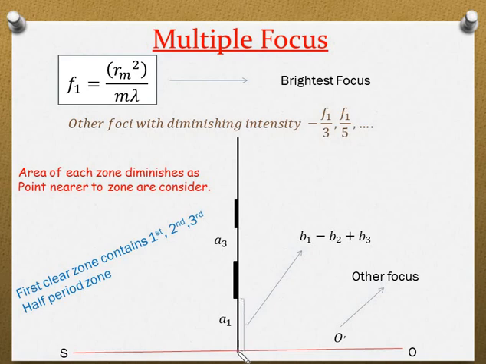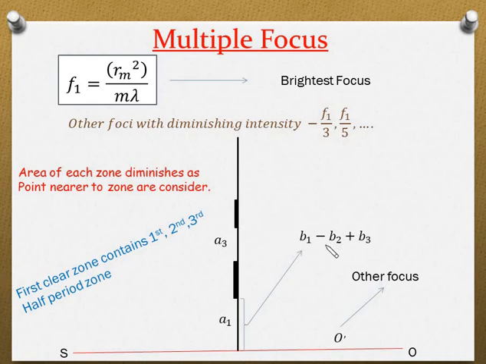So this transparent zone, which was acting as the first half period zone for O, is now acting as a transparent zone with 3 zones like B1, B2 and B3. It contains the first, second and third half period zone. That means the intensity at point O prime will be the square of the sum of these 3 amplitudes.